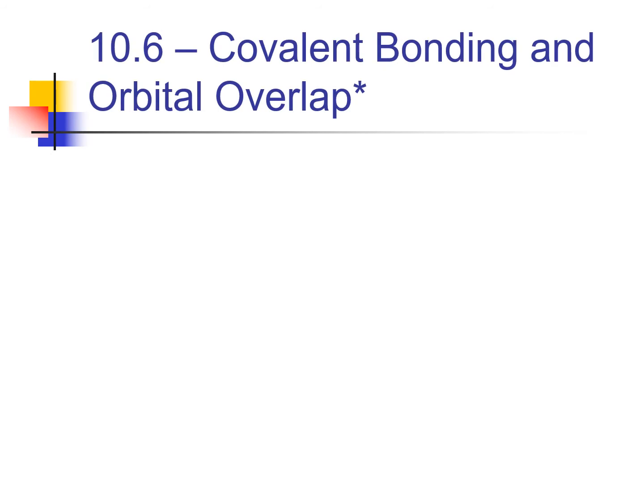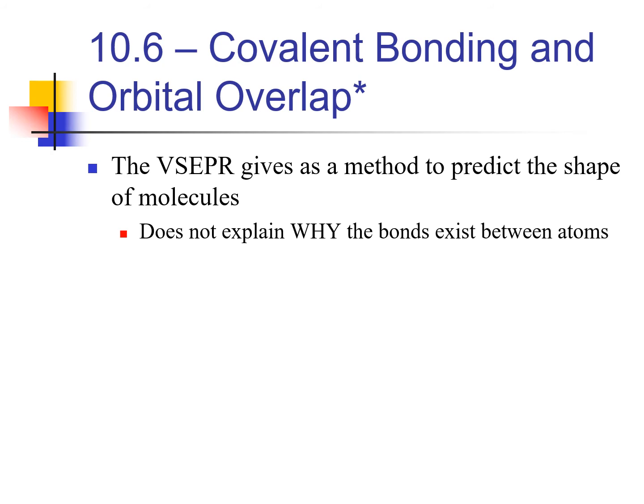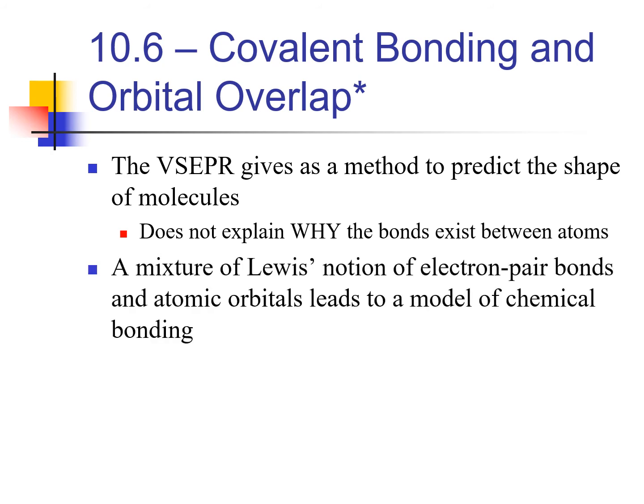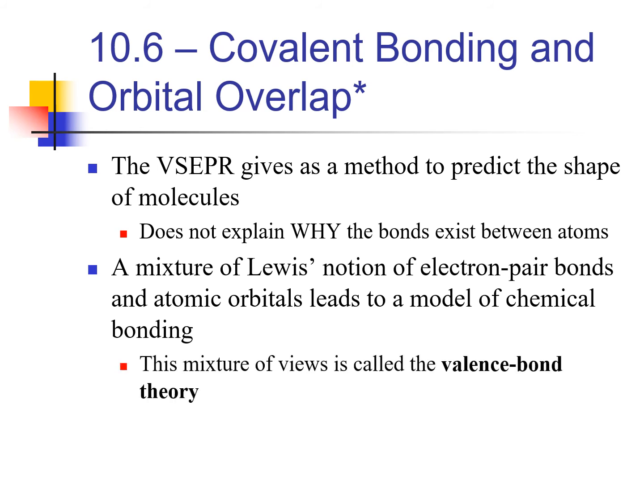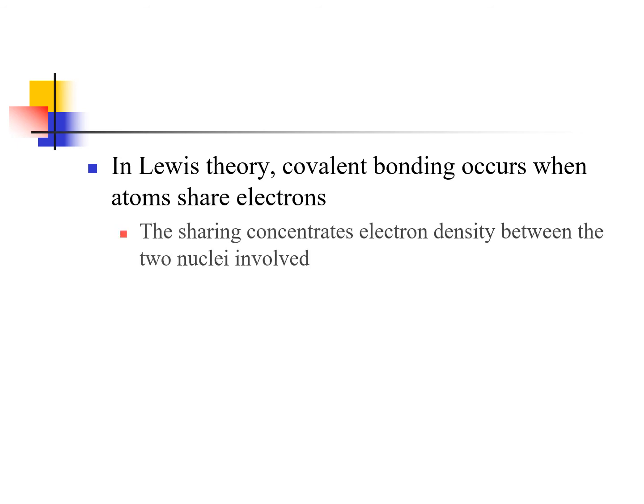So now we're getting into kind of the theory behind bonds. So again, VSEPR gives us a method to predict the shape, but doesn't explain why the bonds exist. Now, if we mix together Lewis's notion of electron pair bonds and the idea of orbitals, it gives us a model of chemical bonding. We call this valence bond theory. Now, in Lewis theory, covalent bonding occurs when atoms share electrons.